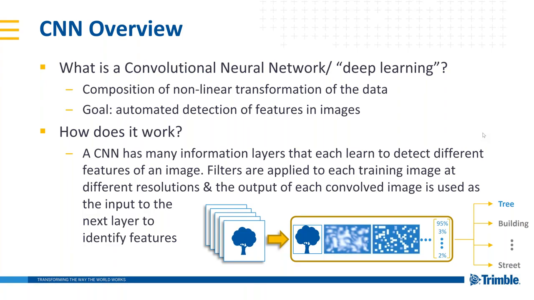A CNN has many information layers that flow into it. Each learns to detect different features of an image, and various filters are applied to each training image at different resolutions, and the output of each of these convolved images is used as input into the next layer to identify various features in the image.